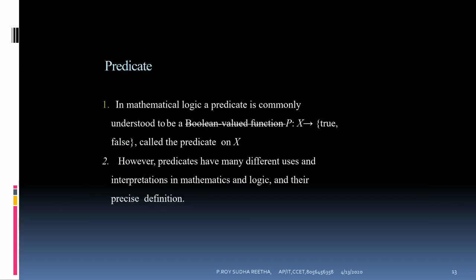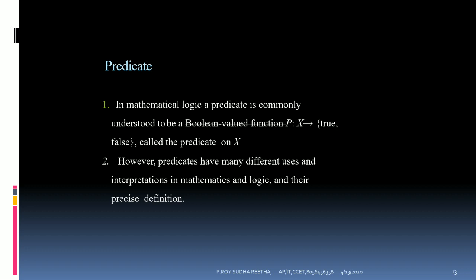And we are going to see what is meant by predicates and what is meant by semantics. While we are going through these quantifiers, it is essential that we know about predicates and semantics.